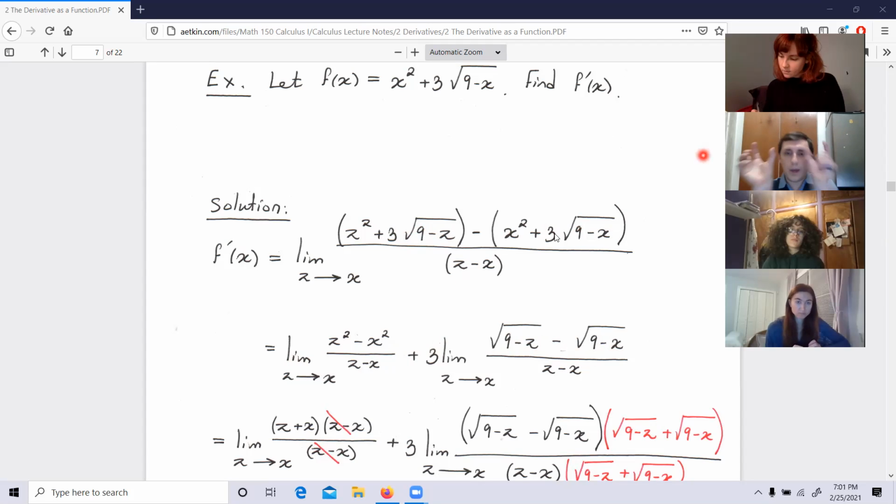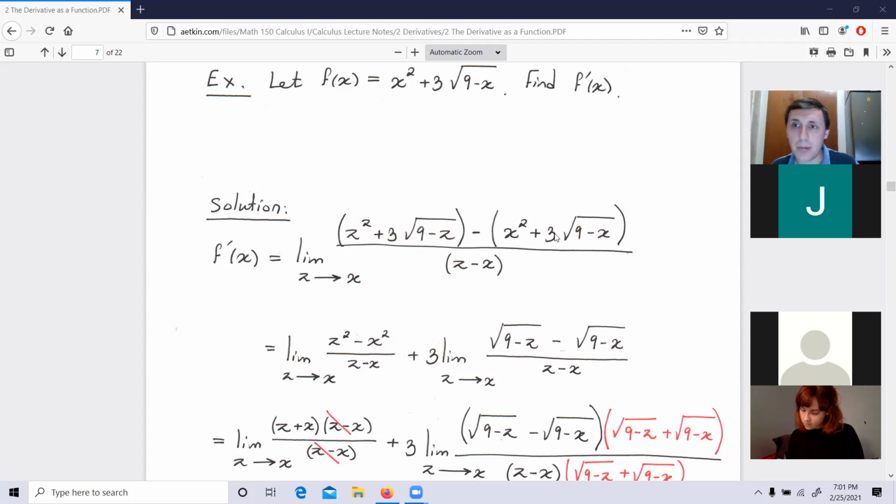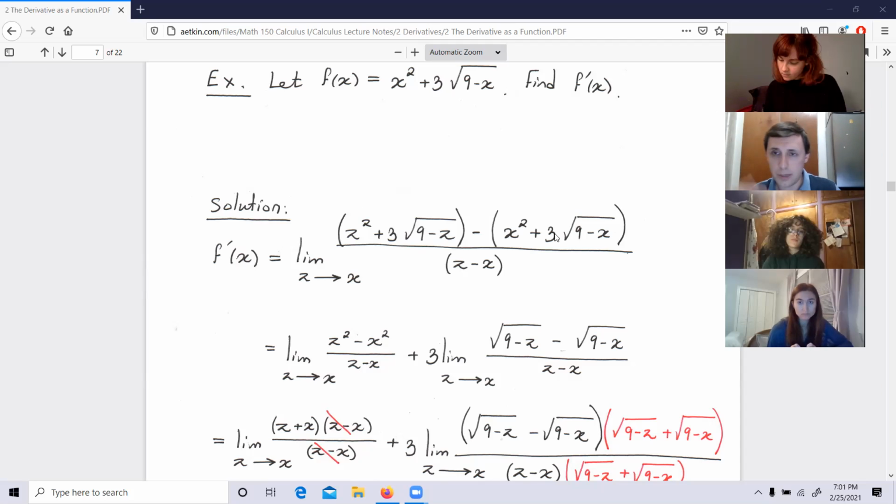Why did we have 1 z minus x, and now you have 2 z minus x? If you are confused, that means your algebra is limping. That means you have to practice a lot of those. You can actually practice them while doing derivatives.